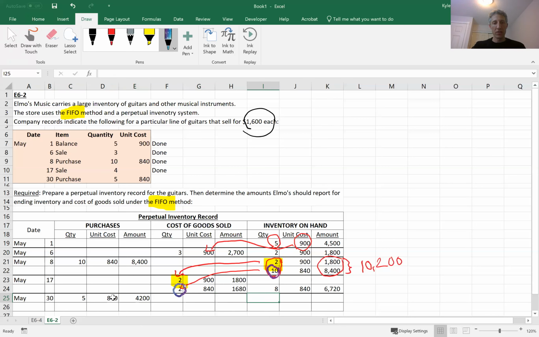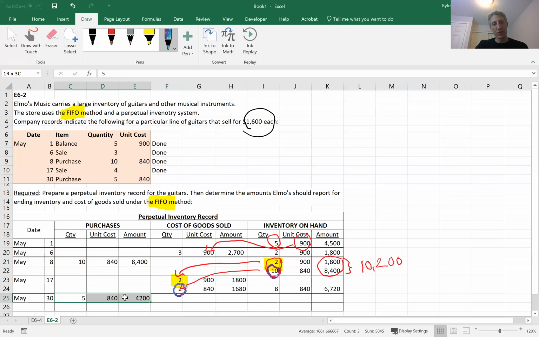So now, since this is a purchase that we made, this is of course going to be added into our inventory on hand and become part of our balance sheet inventory balance. So we originally had 8 units at a unit price of 840 for a total balance sheet value of 6,720. That was on May 17th.